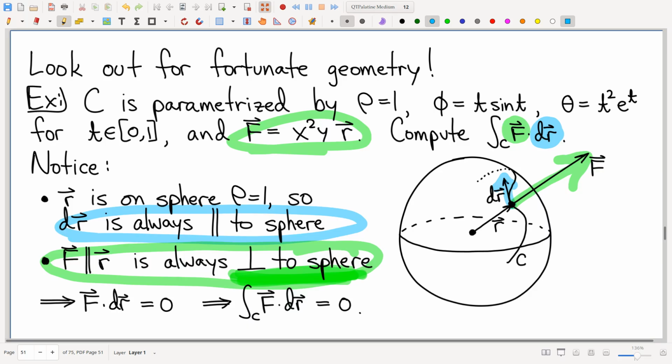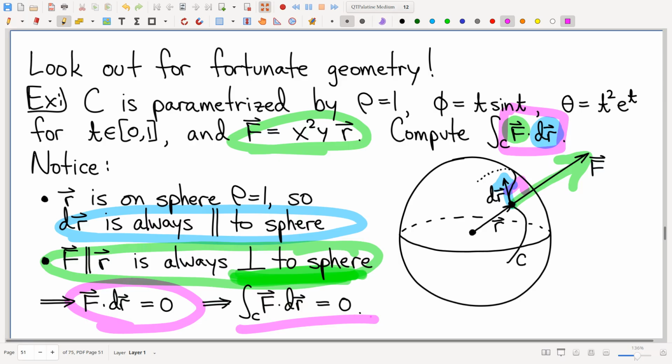This is fabulous. What that tells me then, this dot product, F dot dr: there's F, it's perpendicular to the sphere. There's dr, it's parallel to the sphere. That dot product is a dot product of two perpendicular vectors. That dot product is 0. And that means that integral is also 0. And we didn't have to deal with that nasty parameterization at all.